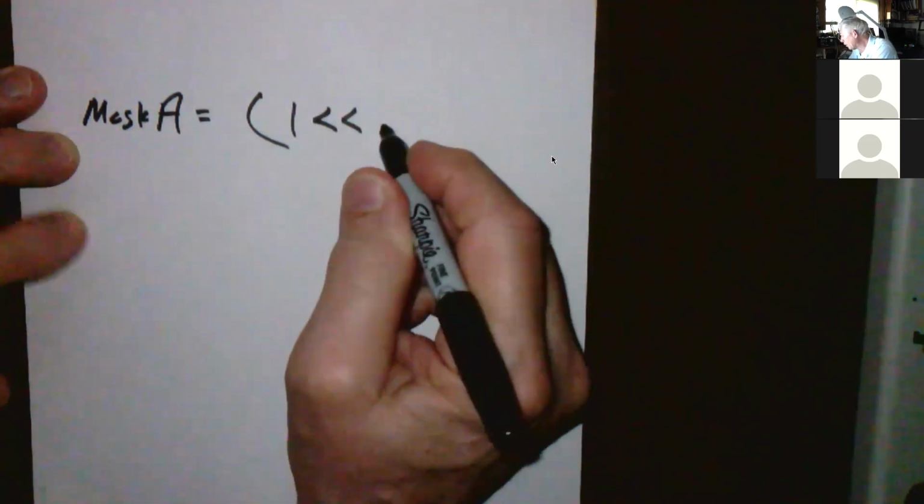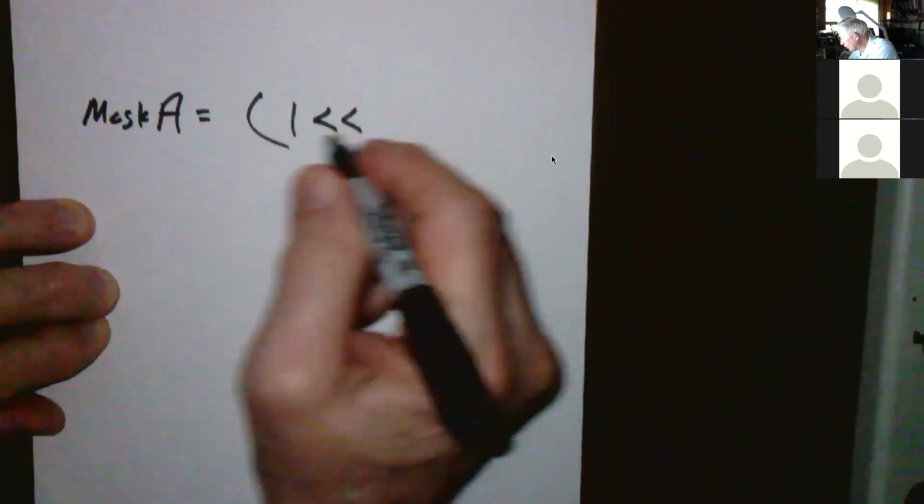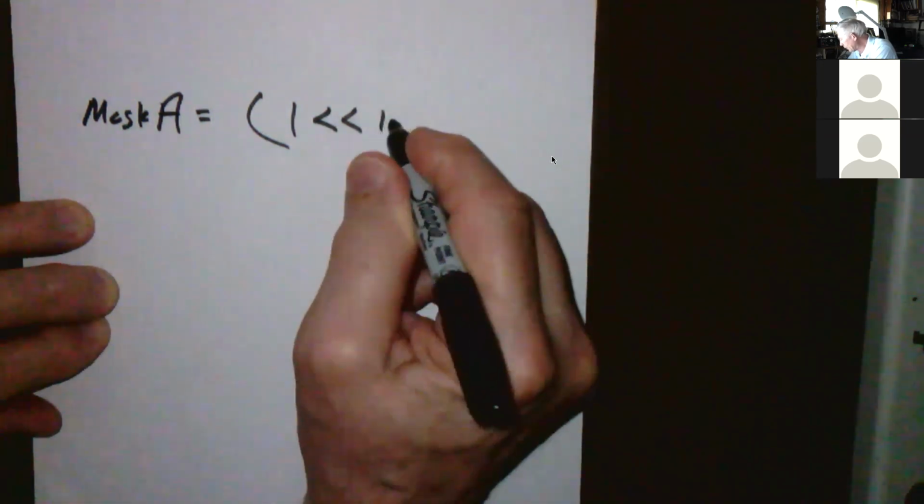All right. So remember we've used this quite a bit, and so for instance, say we want to put a 1 in the position 17, we'll say for a mask A equals 1 logically shifted left 17 times.